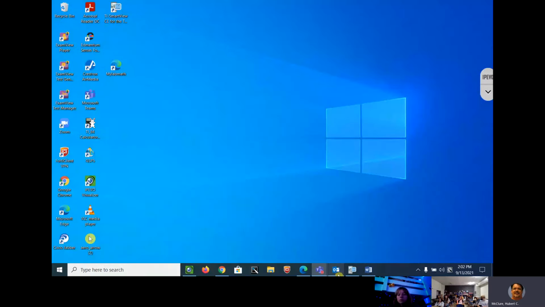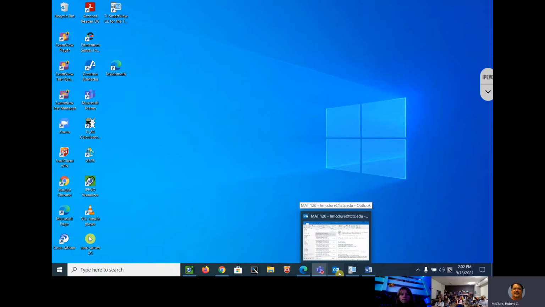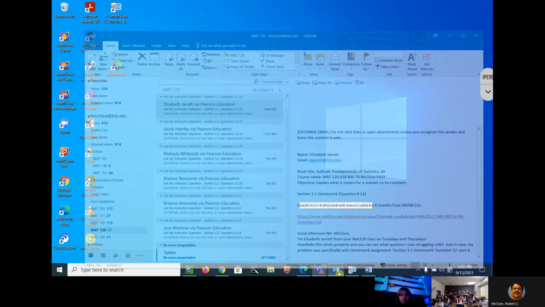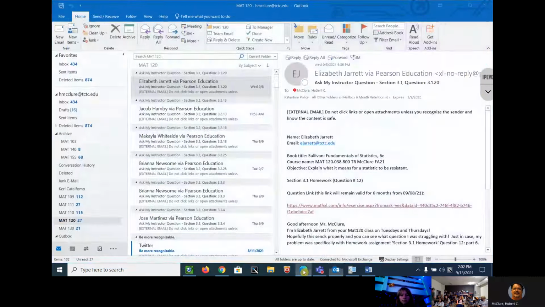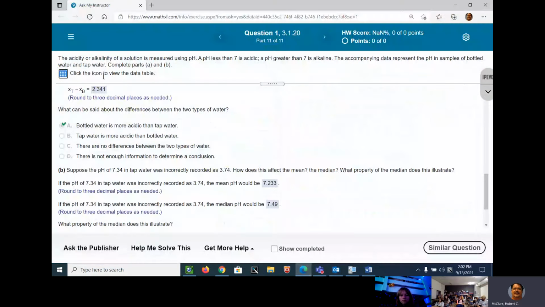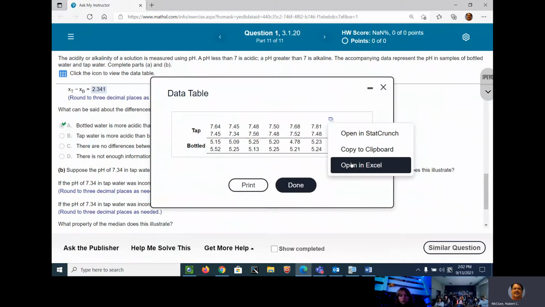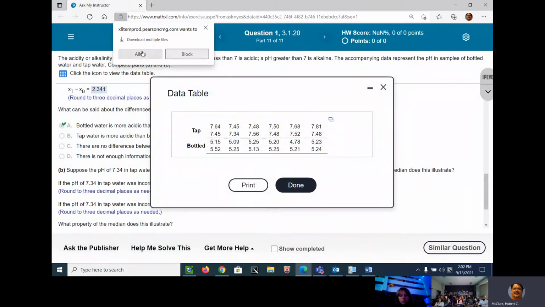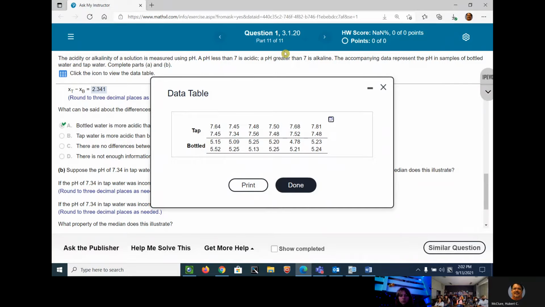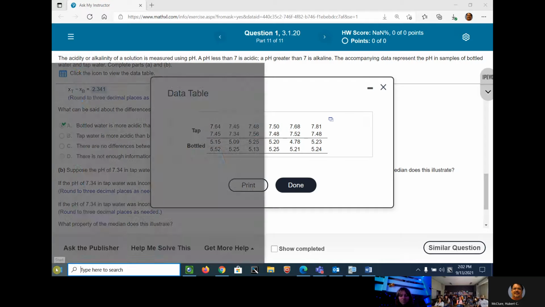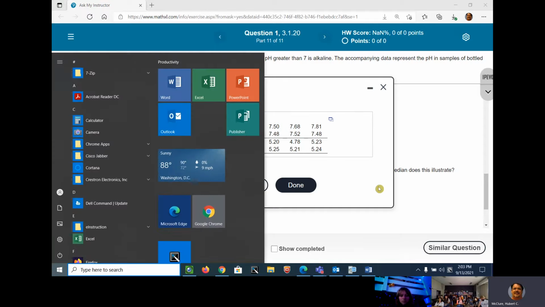It should be pulling up now. Why isn't it pulling up? Okay, I'll do it again. Open in Excel. Allow. And it should be pulling it up.